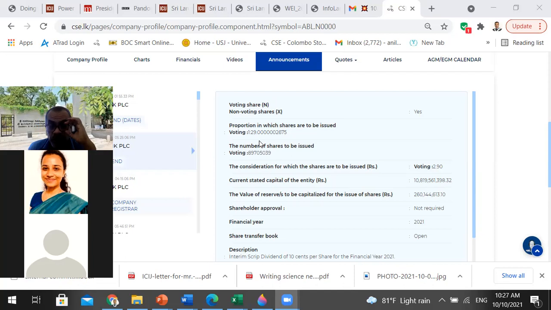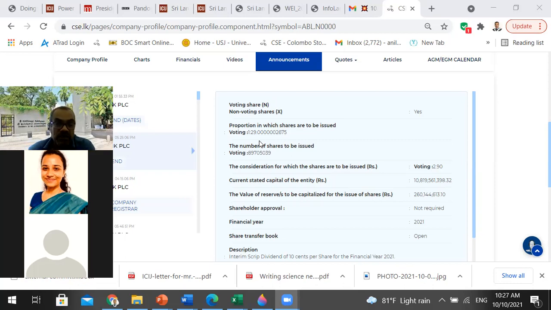The recent past, no. You split the total number of shares into 2, 3, 4, 5, likewise. For example, Royal Ceramics, one share was split into 10. So the total number of shares in issue increased by 10 times, tenfold. That's the only impact. You claim you are happy that now you have 10 shares. Earlier you had only one. So another point is that share split also has the same impact.